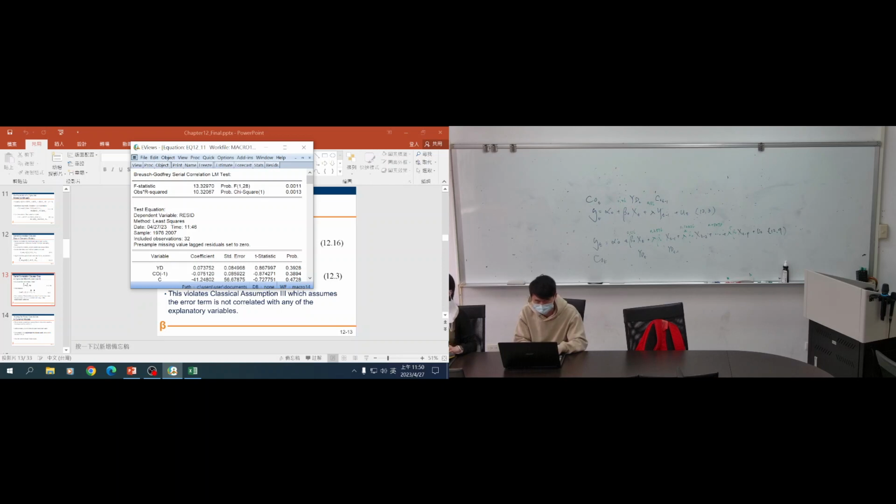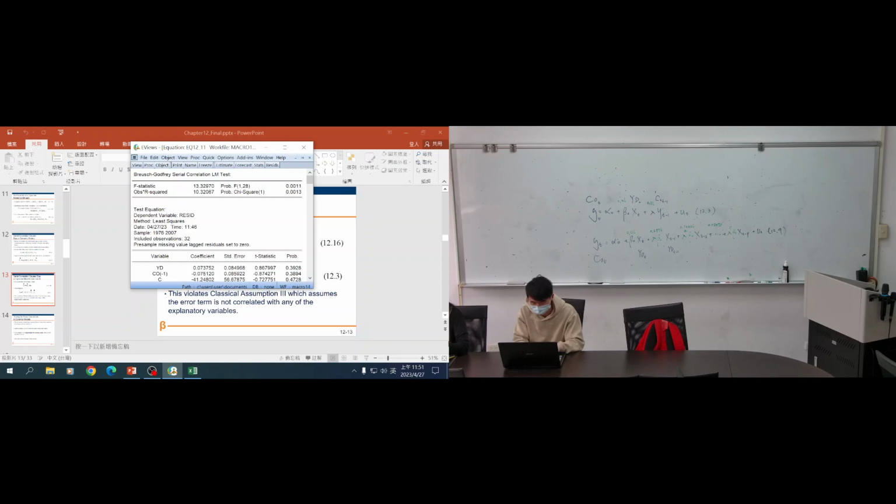The first one: if the theory indicates only a few lagged values of x are meaningful in explaining y, then a potential way to avoid this bias due to serial correlation is to estimate using a distributed lag model.